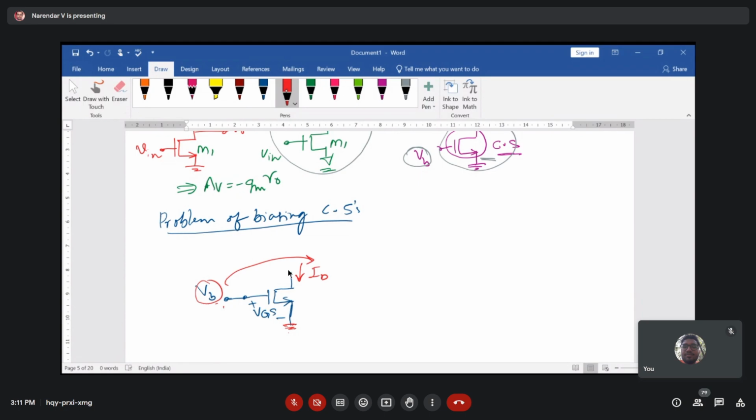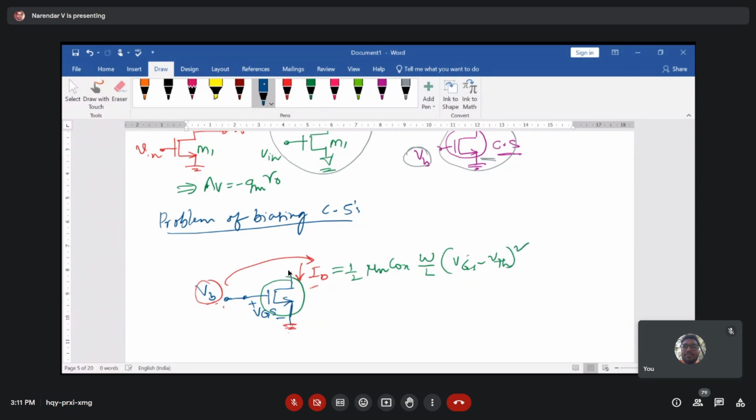As you fix this VB value, your current is going to be fixed, and we are well aware of the expression for ID because we are using a MOS transistor here: ID equals half mu n COX W by L times VGS minus VTH, whole square.